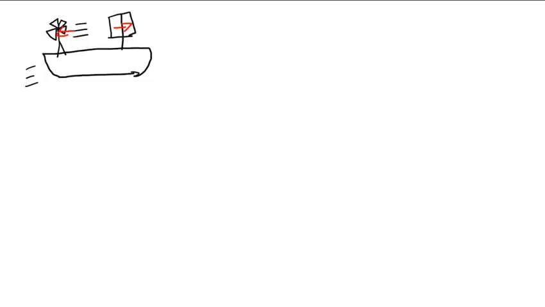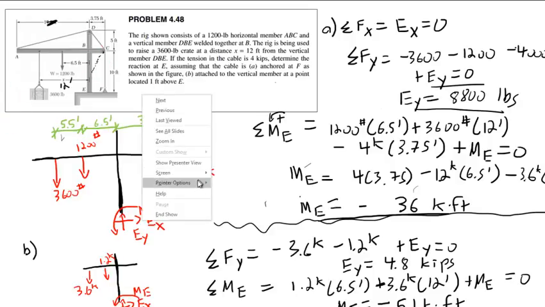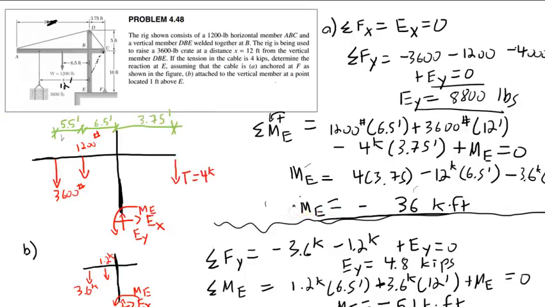Yes? When I see that we have a negative moment about E, that makes me think that the forces are causing the crane to rotate clockwise from our perspective? Okay, the question was, we have a negative reaction moment. Does that mean the sum of forces is causing a clockwise rotation? No. Altogether, these are actually clearly causing a counterclockwise rotation, right?